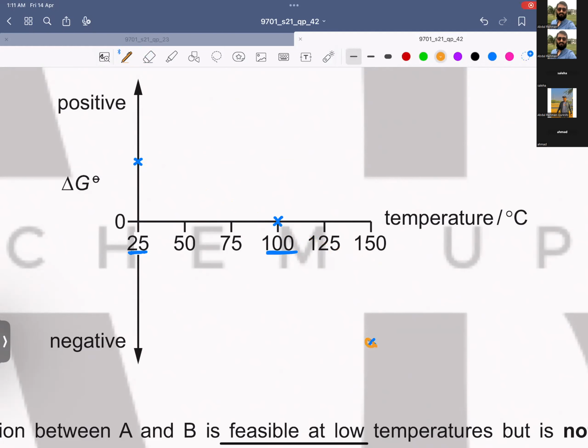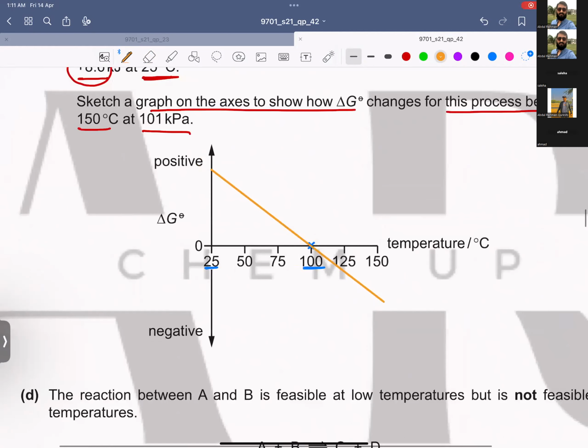Okay, so I think I have to make it like this, then it would be more appropriate. Yes, it could be like this. Is it clear?